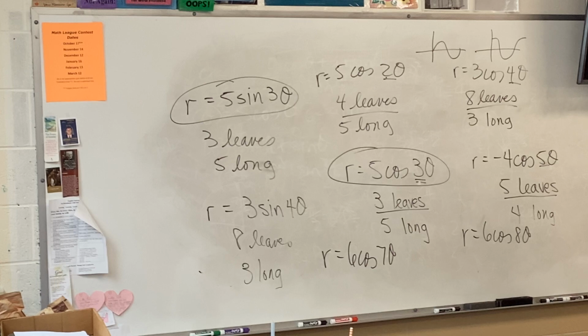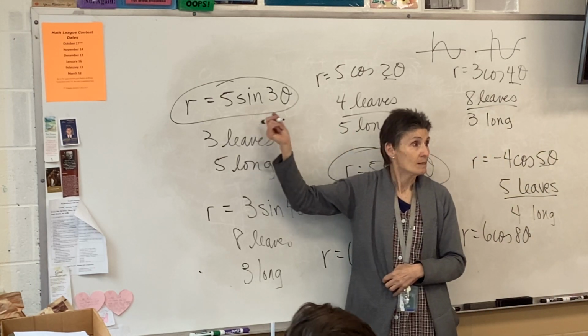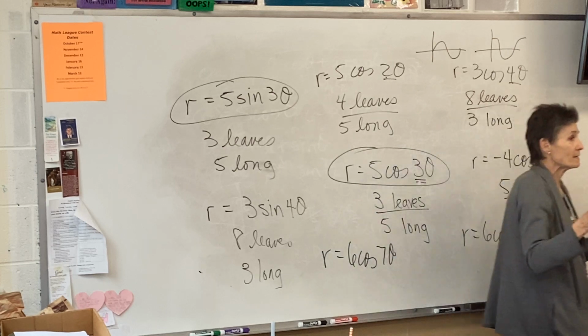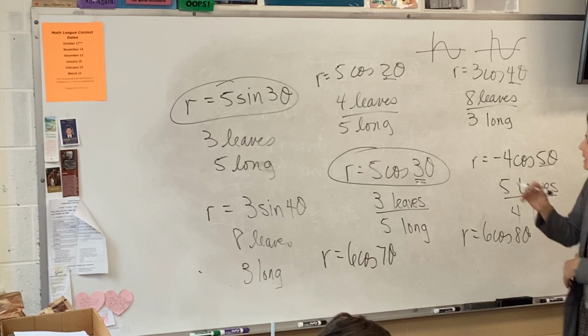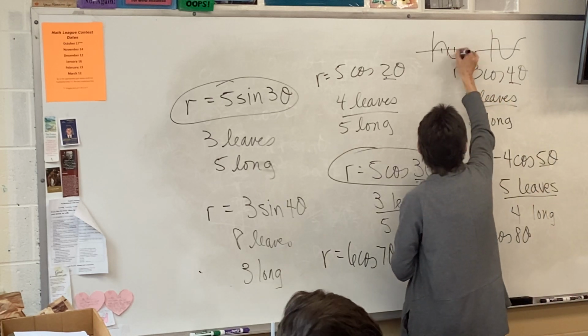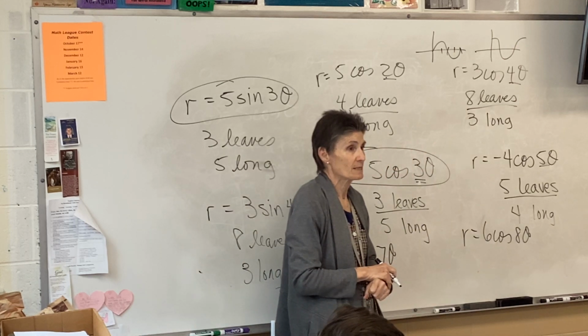If you have this guy that has 3 leaves, then won't the angle between them be 120 degrees or 2 pi over 3 radians? Doesn't that make sense? If there's 4 of them, it would be 2 pi over 4. They're evenly spaced. Just like when you graph these, all of these hash marks are evenly spaced. All of your petals are going to be evenly spaced.